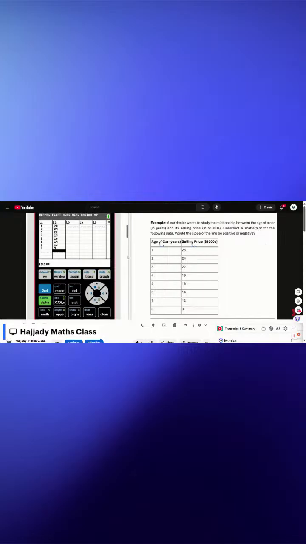Now the next thing to do is to click on second function, stat plots, and we can see the stat plot done. Then you can click on the number 1. Here in your calculator it can be off or on, but make sure you click on On. Then under the type we have different designs.